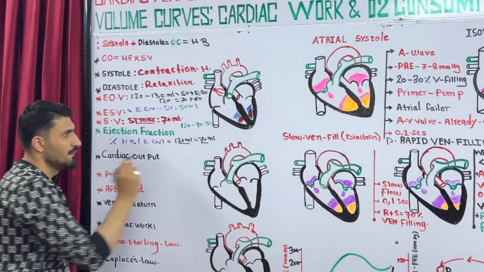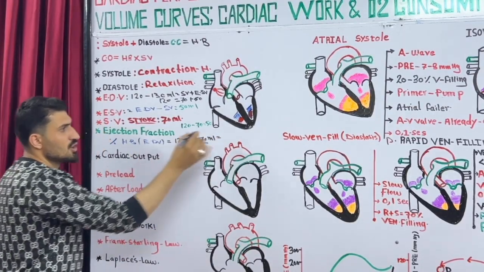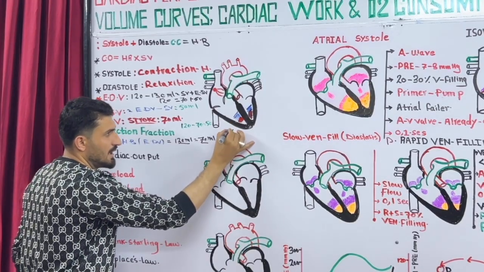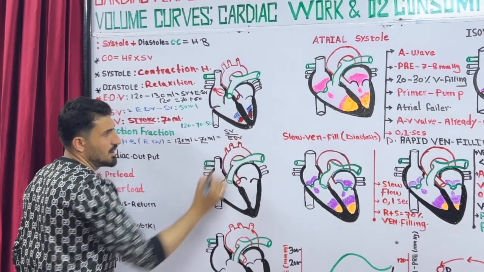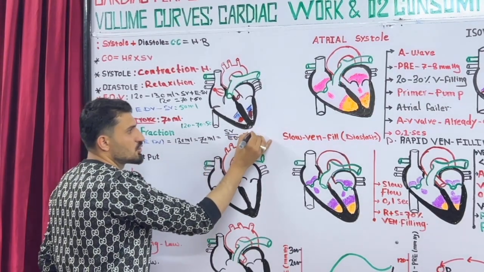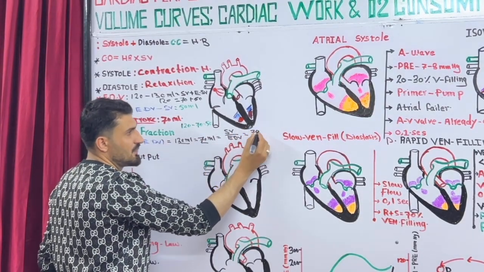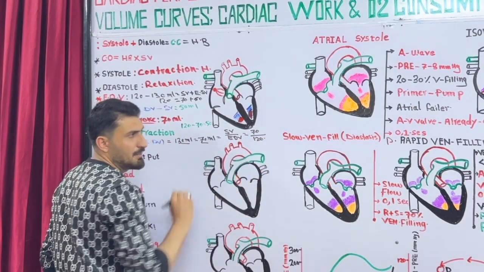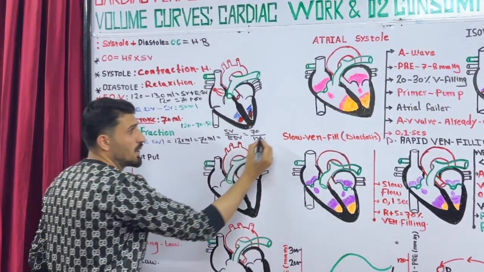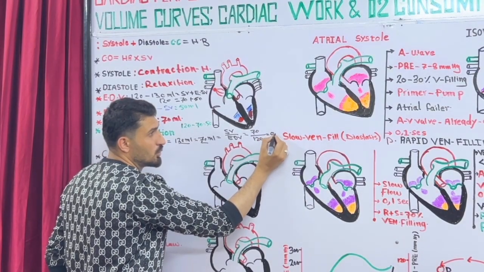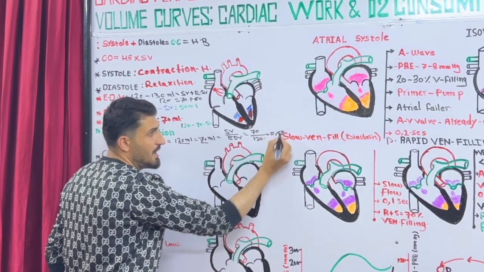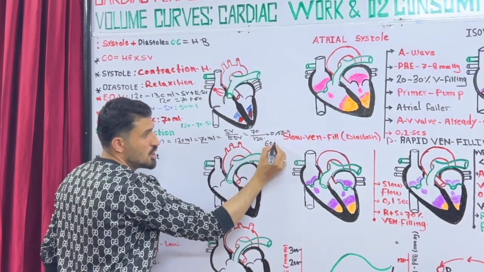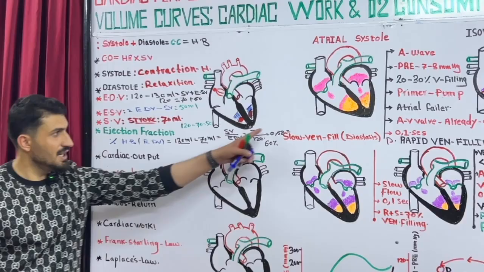This is equal to stroke volume divided by end diastolic volume. For example, stroke volume is 70 ml, end diastolic volume is 120 ml. So 70 divided by 120 is equal to 0.58, which is around 58 or 60%.